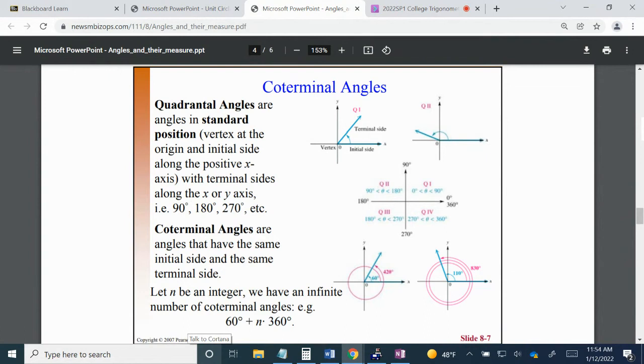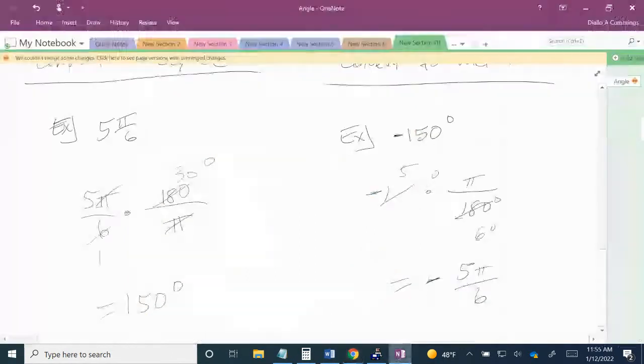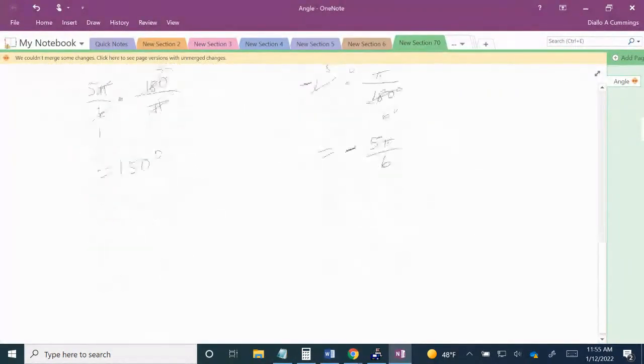Coterminal angles start in the same spot, they end in the same spot. The only difference is the number of revolutions that the terminal side makes. Let's look at an example. So in the slide, I actually go to OneNote.